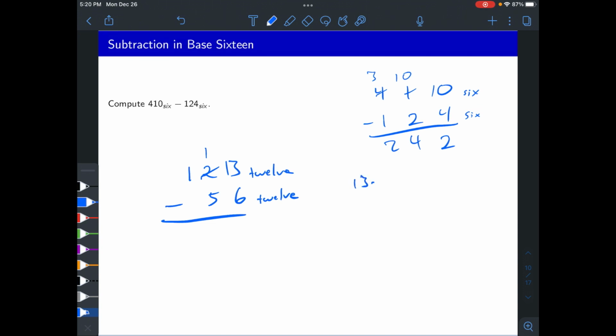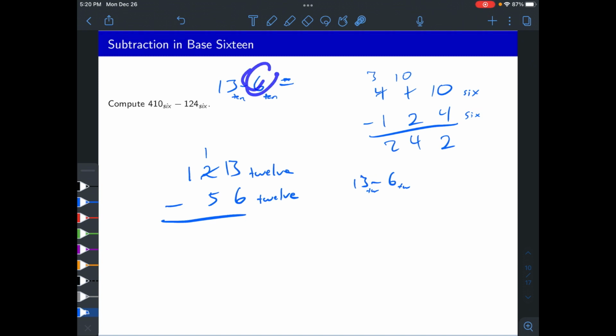Well, if I were doing 13 minus 6 in base 10, obviously this will be 7. Hopefully that's obvious to you. But one way you could think about this, or help someone who's learning how to do these problems for the first time, like how would you explain this to a kid?